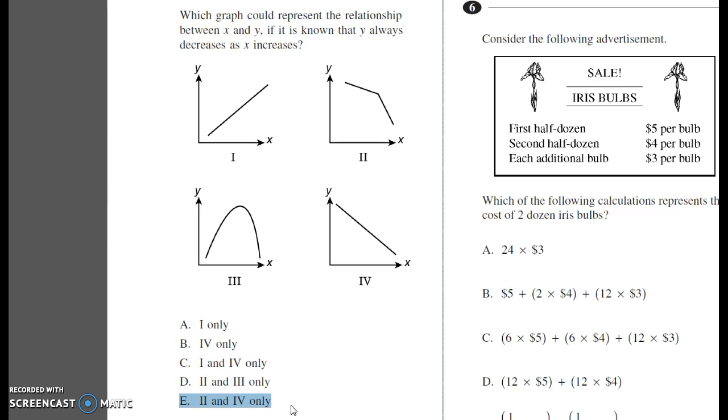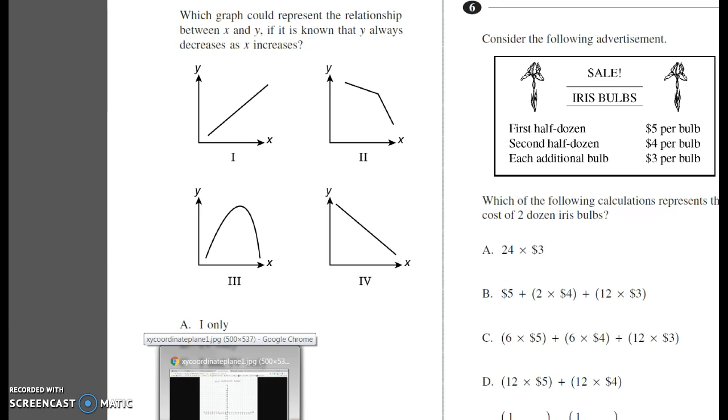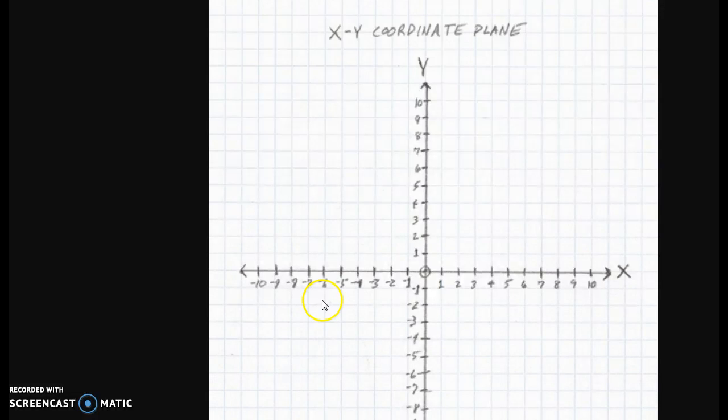To be able to do this, again, you have to have an understanding of what your XY coordinate plane looks like and what's happening along the plane. And what's happening is that for every little space that you see here, there is an X and a Y coordinate. And you can put a dot anywhere you want to, here, here, here, or here.